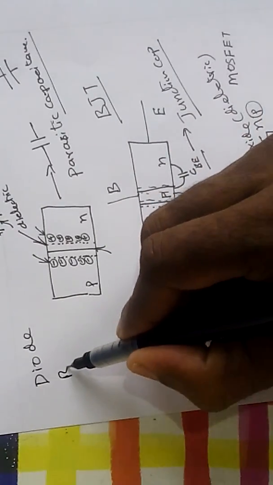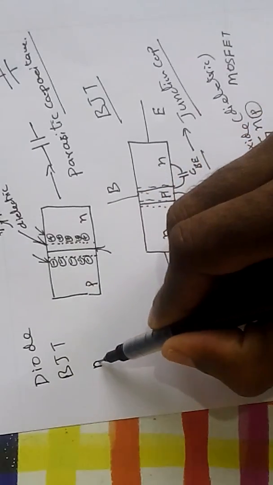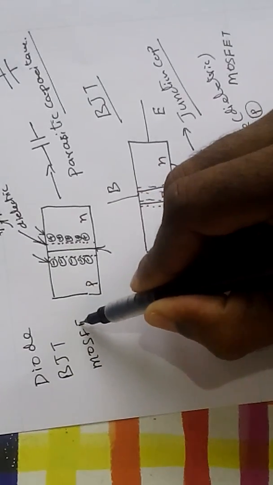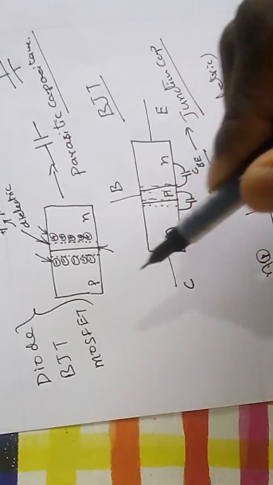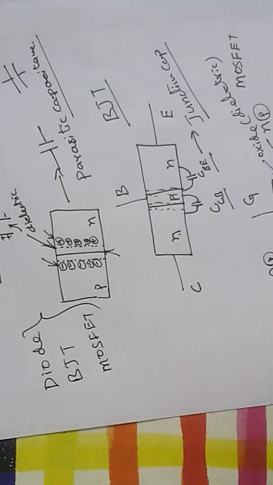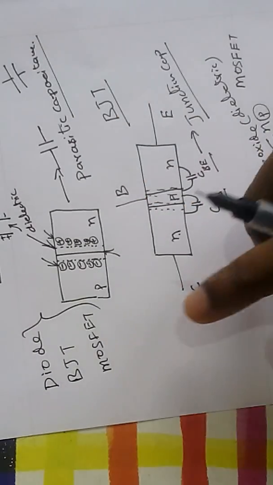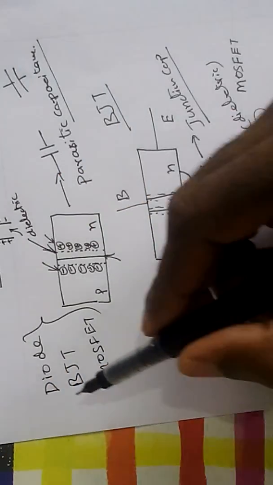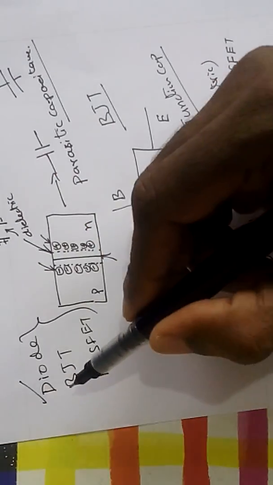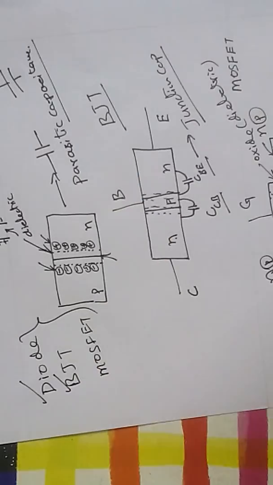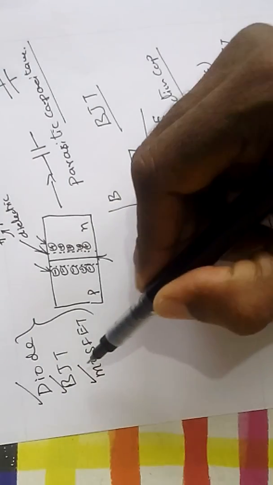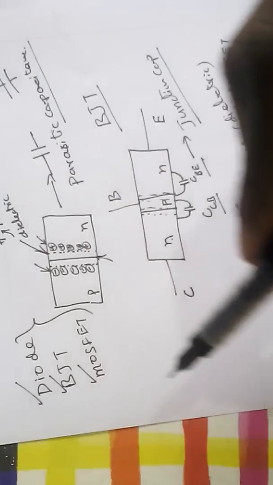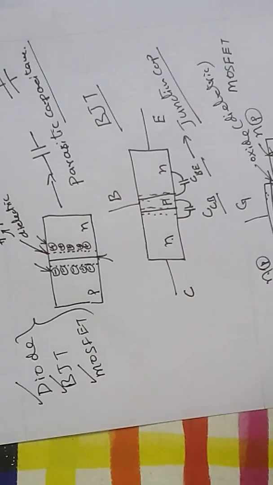We're going to have the BJT and the MOSFET, or the general electronic devices, which we will be dealing with. All three are going to have a capacitance. This will have a junction capacitance, this will also have a junction capacitance, and this will also have a junction capacitance plus the oxide capacitance.